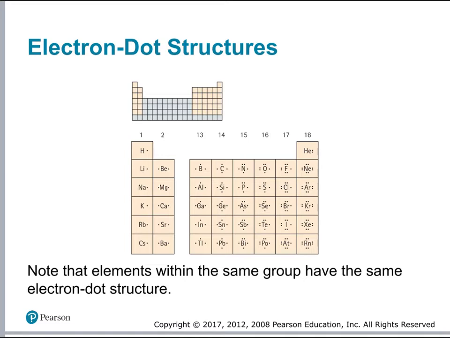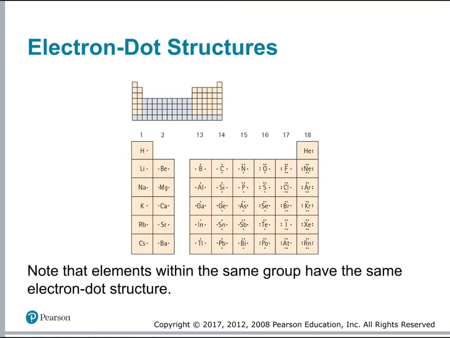So let's look at some of the elements on the periodic table and at how many unpaired valence electrons they have available. We start with hydrogen, which has one proton and one electron. So there's one electron in its outermost shell, and that is hydrogen.